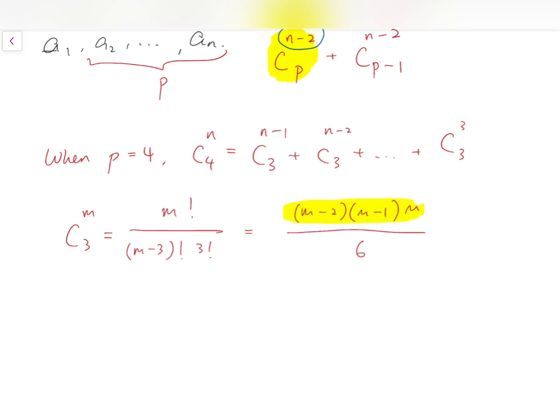So that means m minus 2 times m minus 1 times m equals 6 times m choose 3.